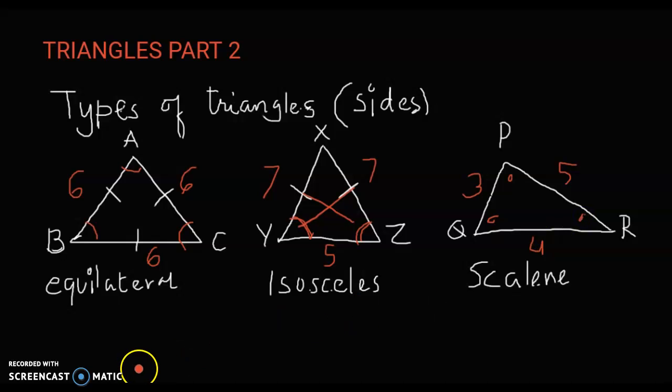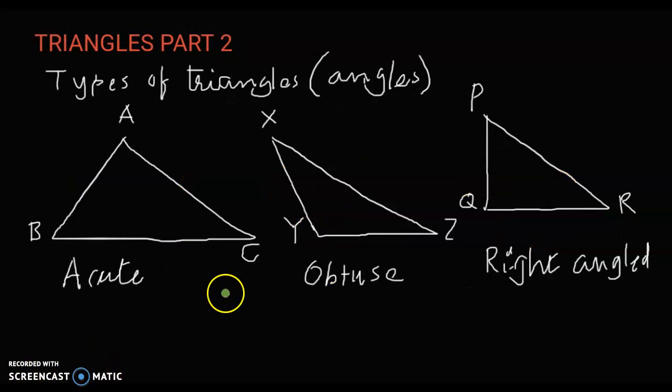Okay, so these are the types of triangles according to the sides. Now we see types of triangles according to their angles. Earlier we saw types according to the sides, and now we are going to see according to the angles.